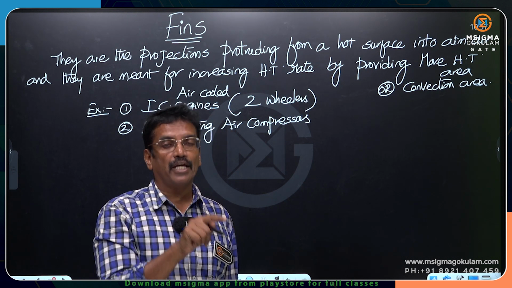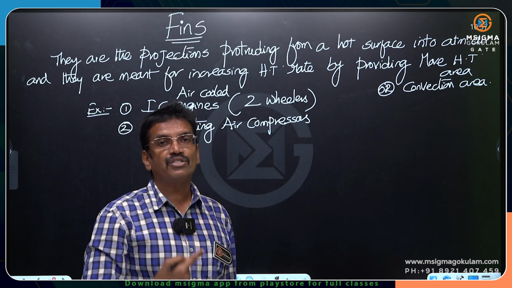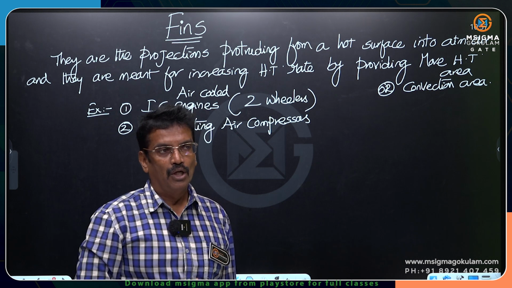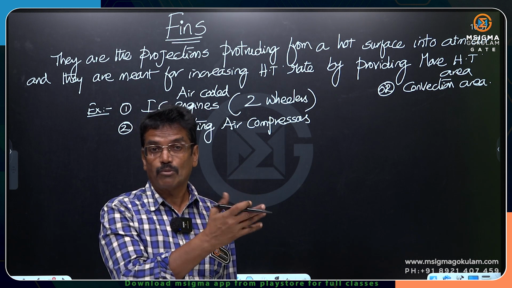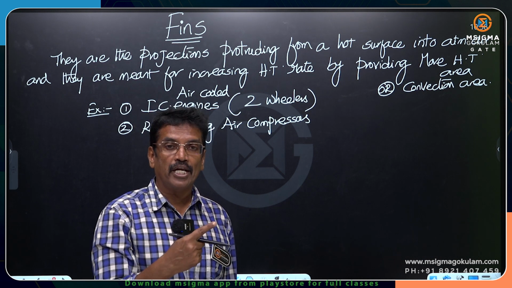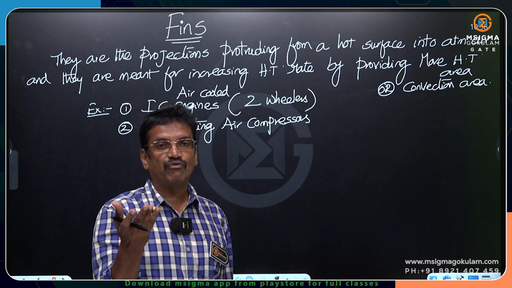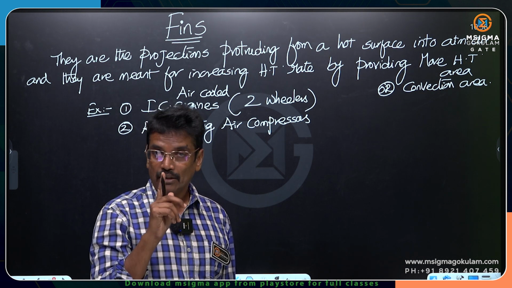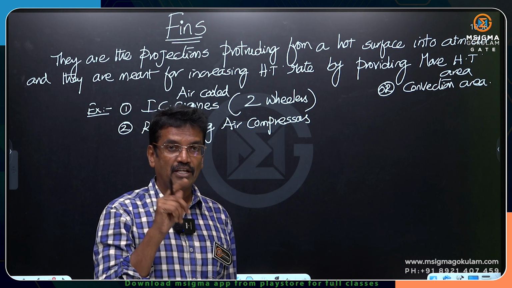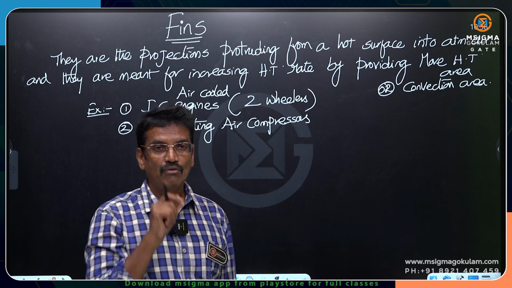Particularly in the reciprocating air compressors, we provide the cooling by providing the fins around the cylinder. You can easily observe positive displacement, belt driven, slow running compressors generally in the air filling stations. They are not the centrifugal machines, rather they are the reciprocating machines where around the cylinder you see the fins.